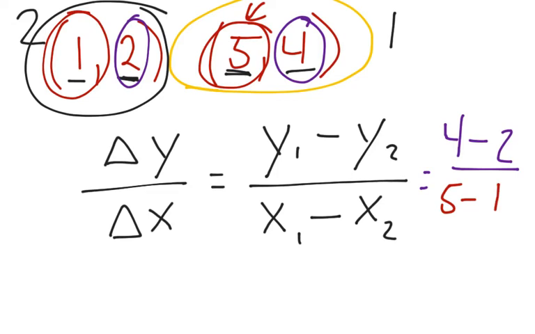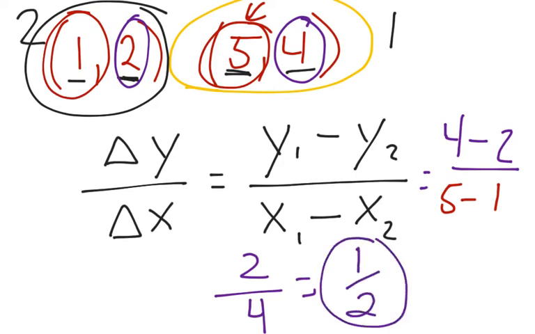Now I have a simple subtraction problem, and then I'm going to get my slope. 4 minus 2 is 2. 5 minus 1 is 4. So my slope is 2/4 or 1/2. So this is an alternative way of doing rise over run, and in many instances this is going to help you. I want to go over one extra problem just to make sure that there's no confusion.